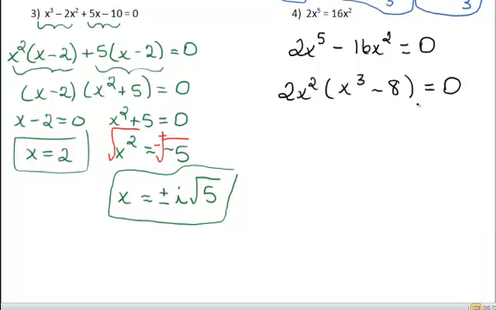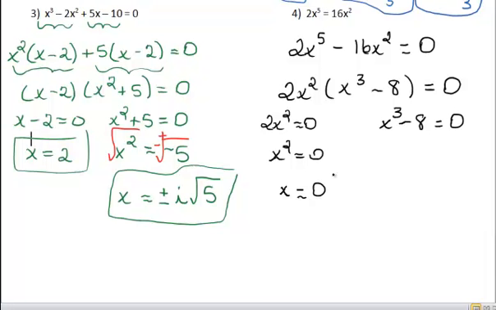So when we set both of these equal to 0, we'll have 2x squared equals 0, and then we'll have x cubed minus 8 equals 0. This one you divide by 2, so x squared is equal to 0. Take the square root of both sides, and you get x is equal to 0. This is one solution. On this side, remember how you can factor difference of cubes?